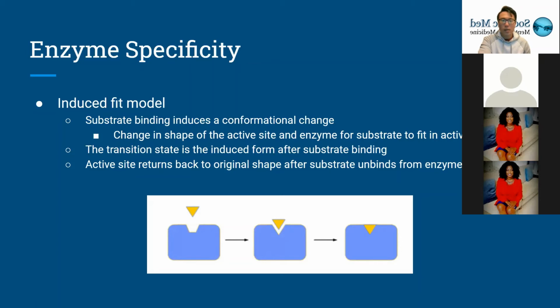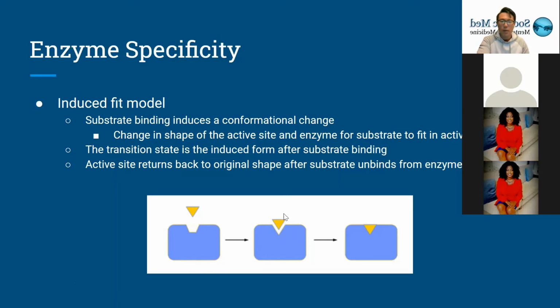As you can see here, the substrate is still the orange triangle, but at first the active site doesn't fit perfectly with the substrate. But after the substrate goes into the active site, the enzyme will undergo a conformational change in order for the active site to fit with the substrate.